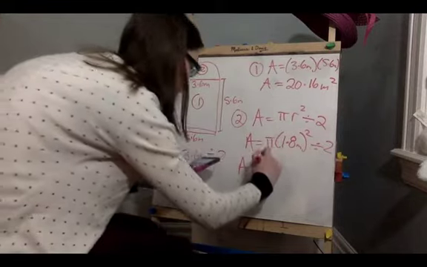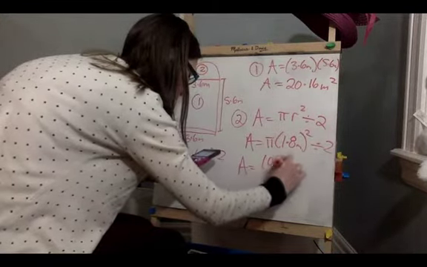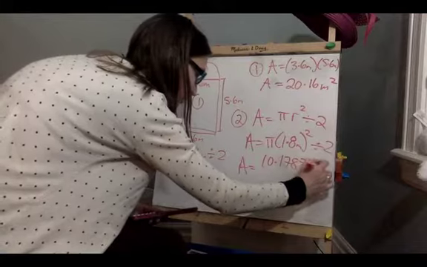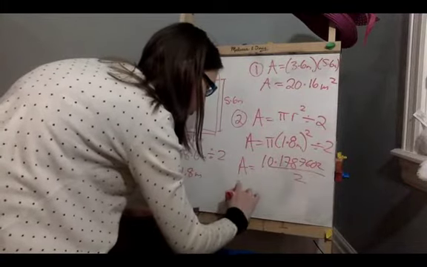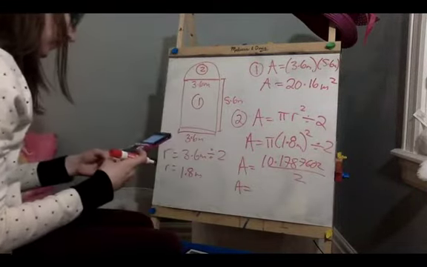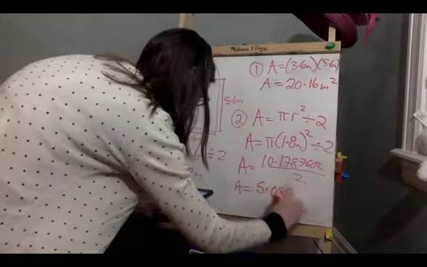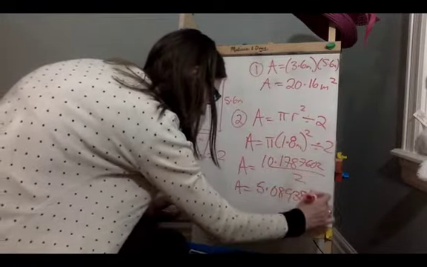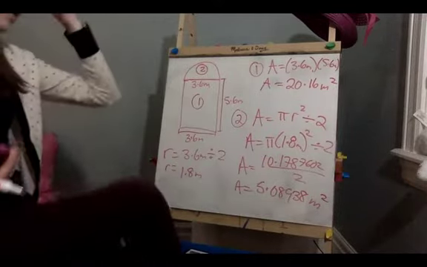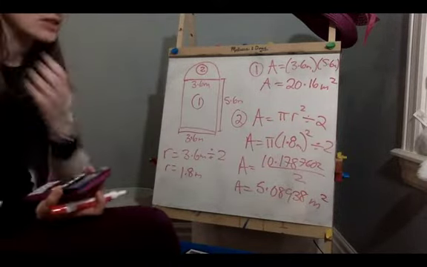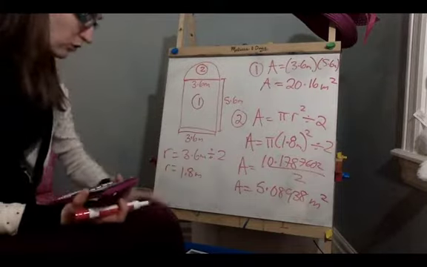So like that full thing there gives you 10.1787602, which you're now going to divide by 2. So that area is 5.08938 meters squared, right?